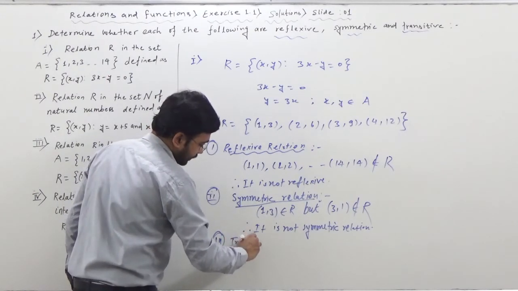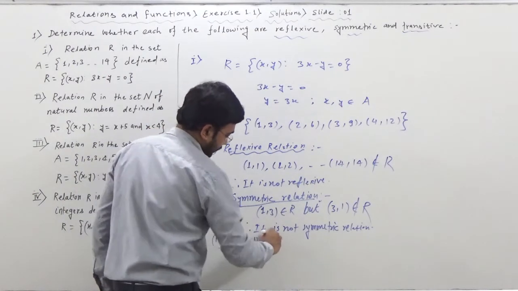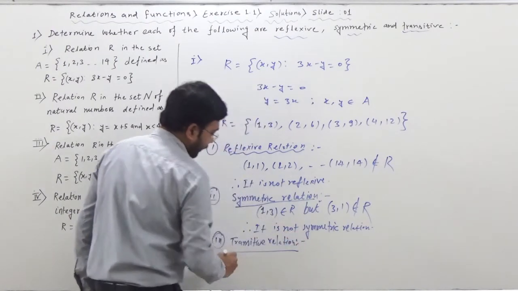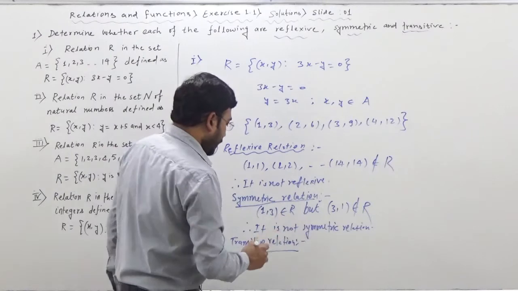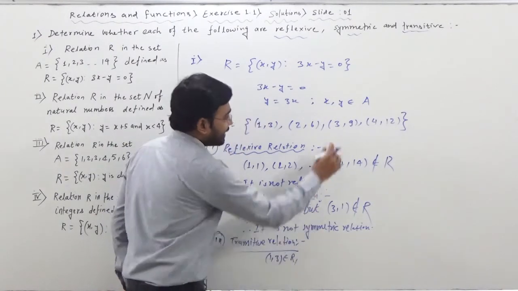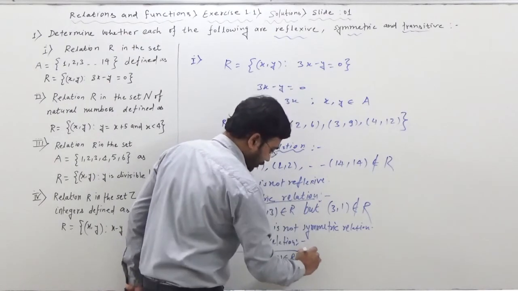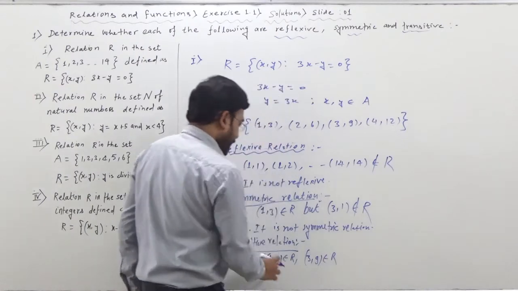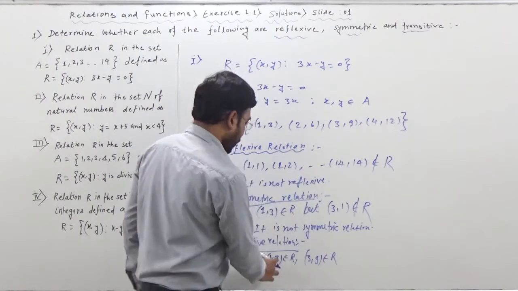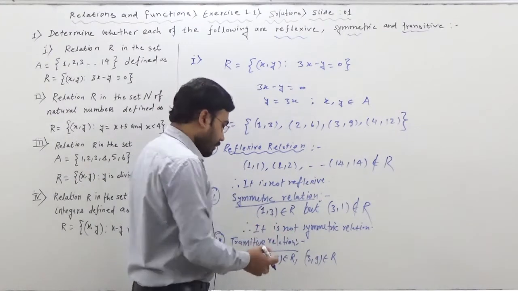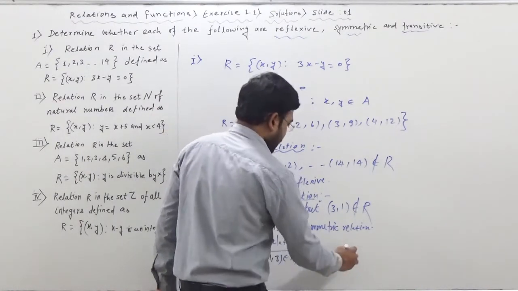And further on, we will check it for transitive relation. You know that for transitive relation, what do we have to check? (A, B) is there: (1, 3) is there, true. (B, C) is also there: (3, 9) is also there. But tell me, is (1, 9) available over here? If (A, B) is there and (B, C) is there, then only we will check for (A, C).